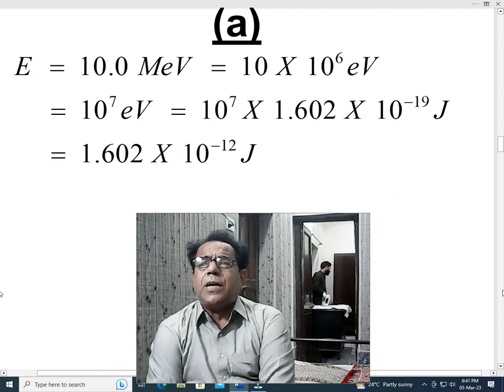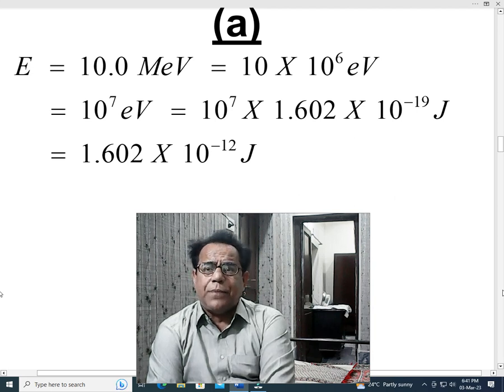In place of million or mega, we use 10^6 electron volt, and this becomes equal to 10^7 electron volt.